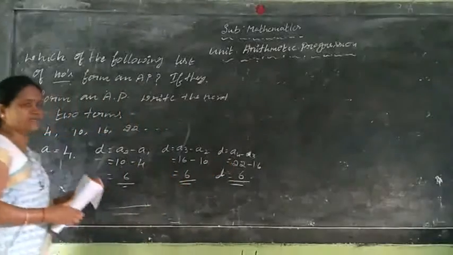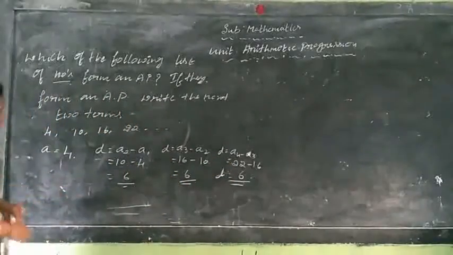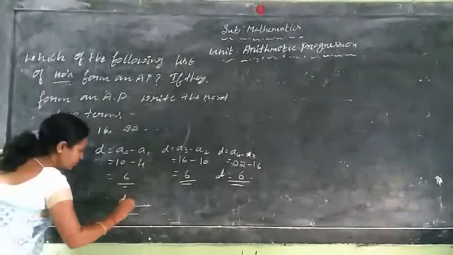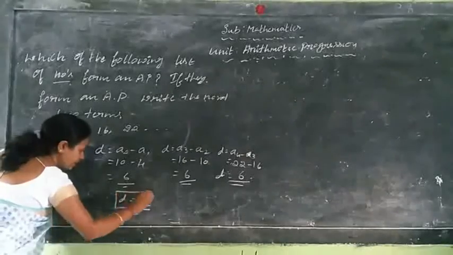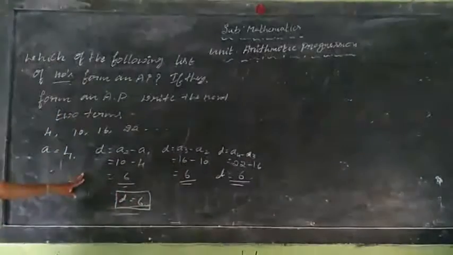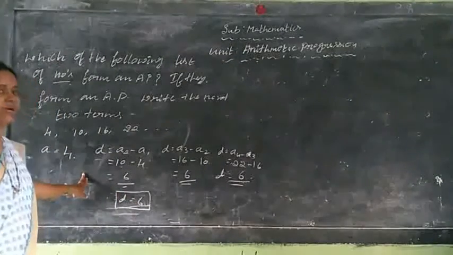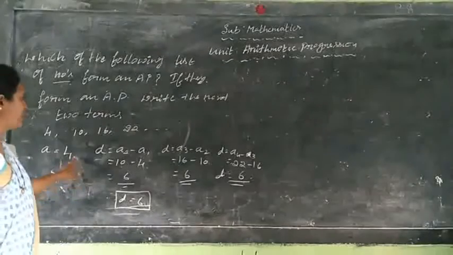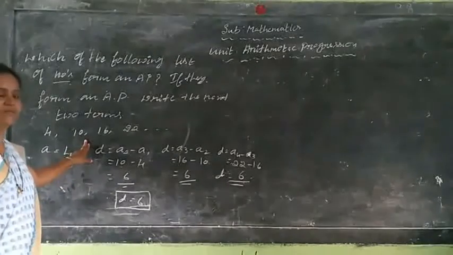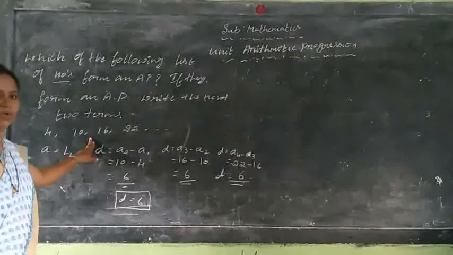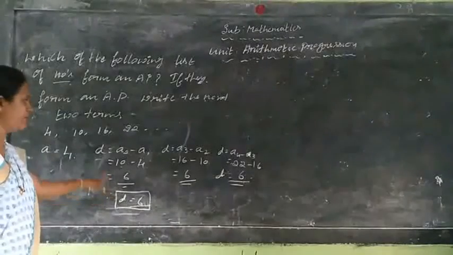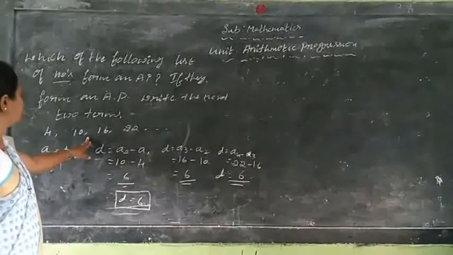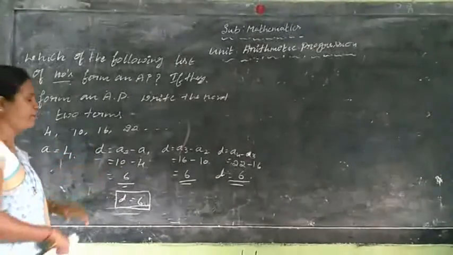So the common difference is, children, 6. So D is equal to 6. Yes, the common difference is same, children. Therefore the given terms are in AP. Got it?